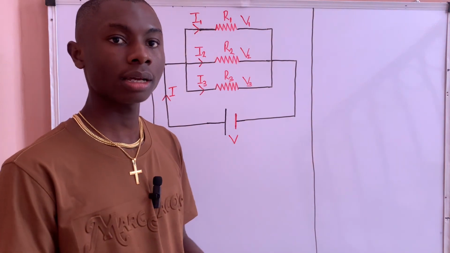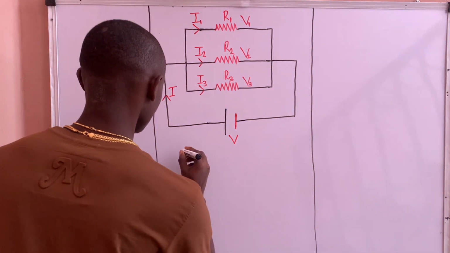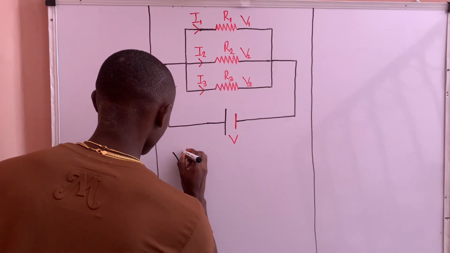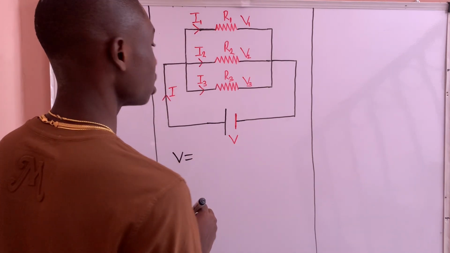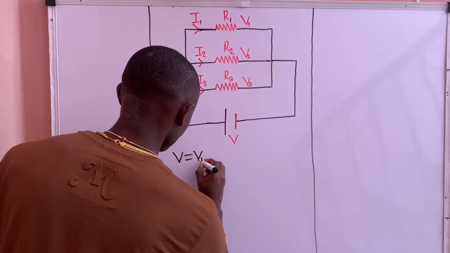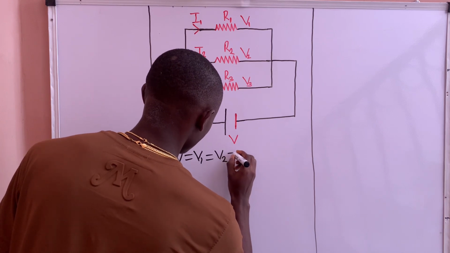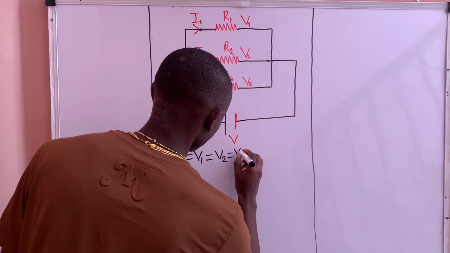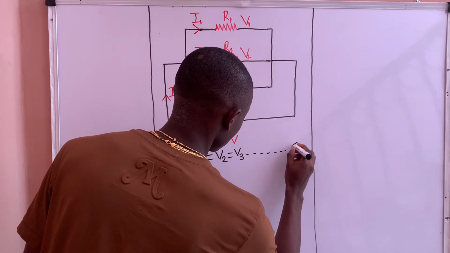So with that statement, I can write that V, the supply voltage, is equal to the voltage across the individual resistances, V1, equals V2, equals V3. We can call this equation 1.